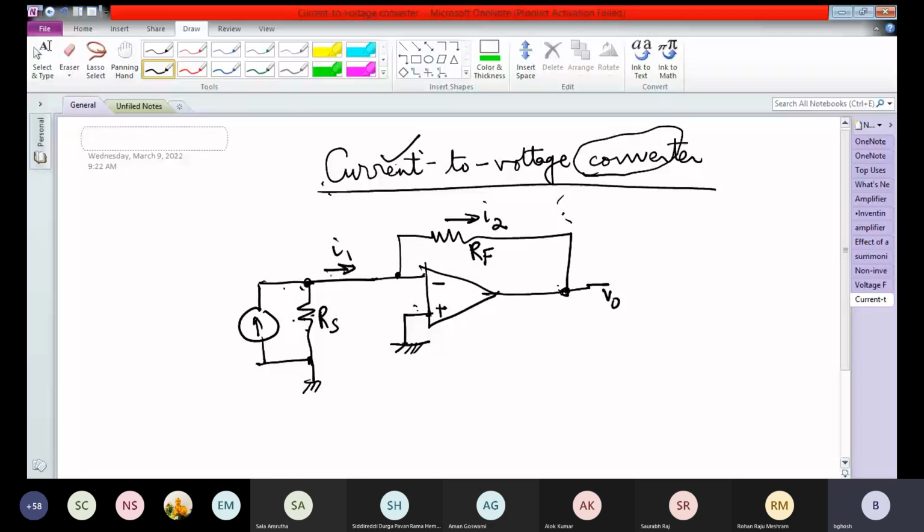So we know V1 equal to 0. This can be a photodiode, as I said, that basically by light falling on this device the current changes, or a photodetector. So we want to convert this output current IS to an output voltage.